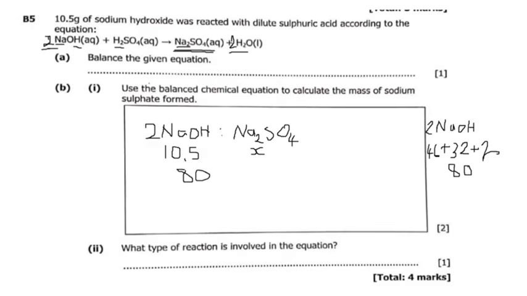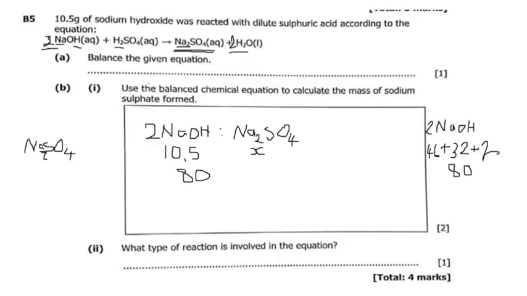So now from here, we are also going to consider the salt that they have asked us to find, which is the sodium sulfate. So we also need to find the relative formula mass of sodium sulfate. Here we have 2 sodium.